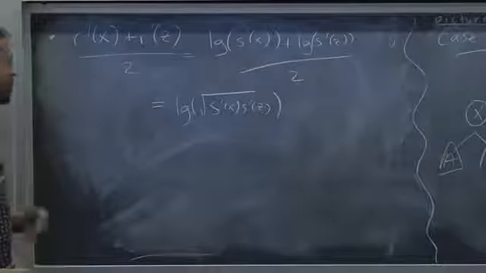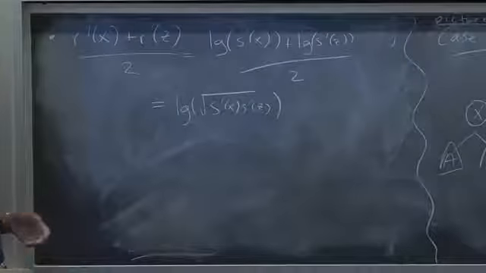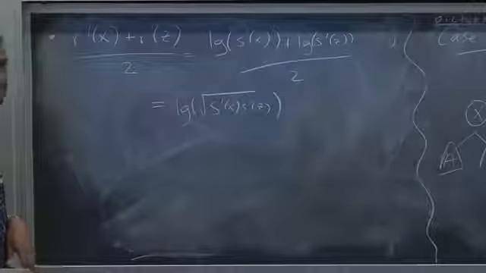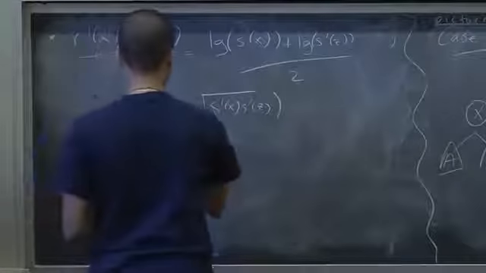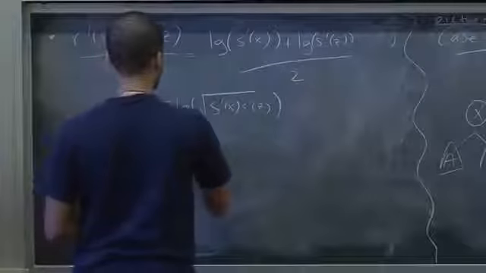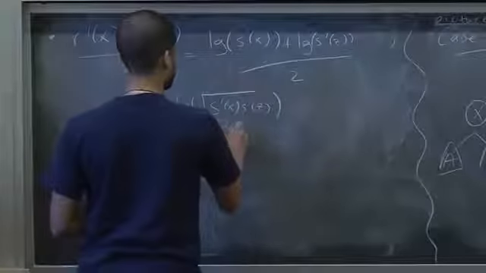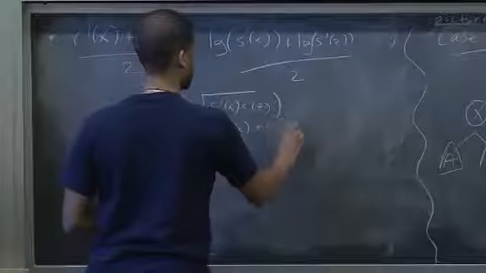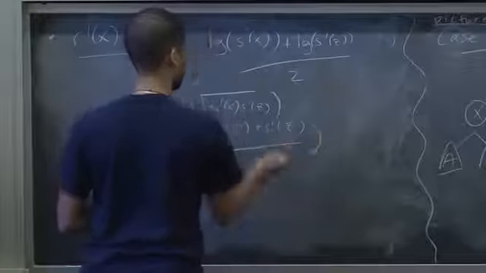And then we use the fact that the geometric mean is at most the arithmetic mean. This is at most log of s prime of x plus s prime of z over 2.